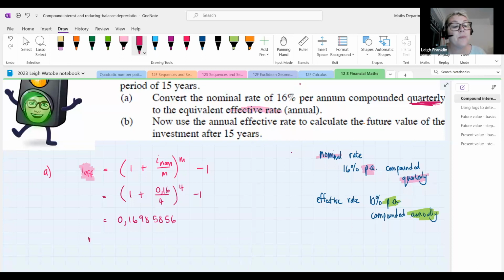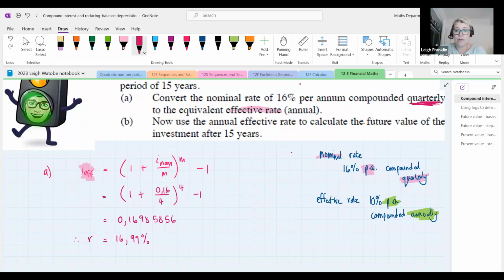And then I'm going to remember to multiply by 100. So that's the same as an effective rate of 16.99%.